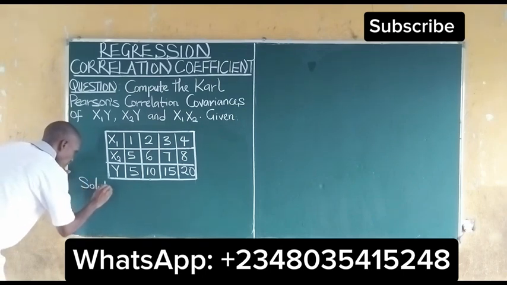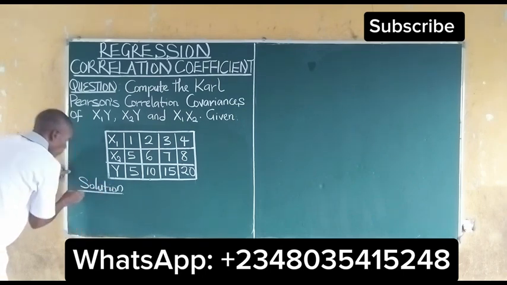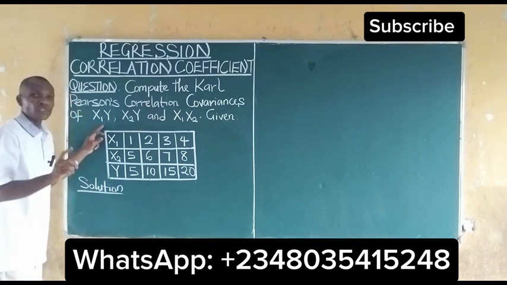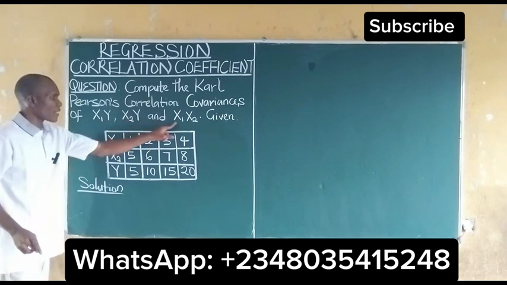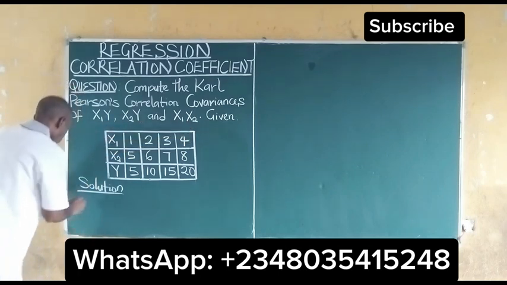Solutions. The first thing to do is to write the covariances of x1y, x2y, and x1x2.